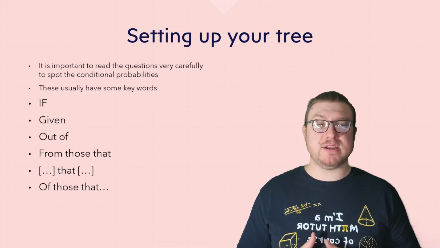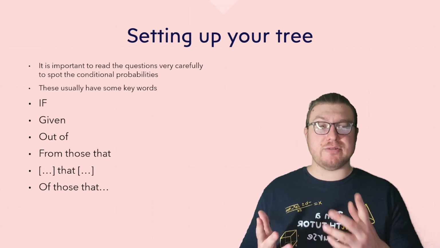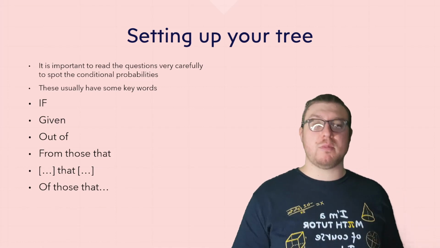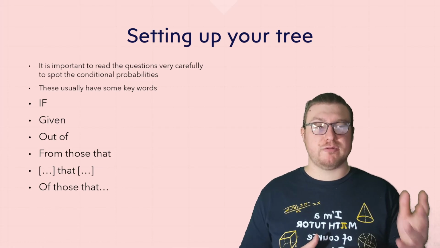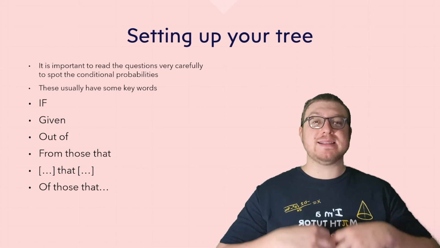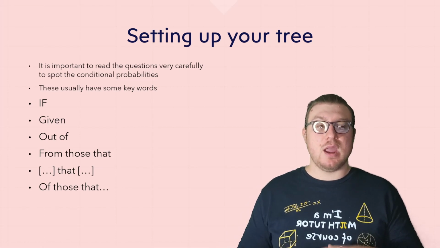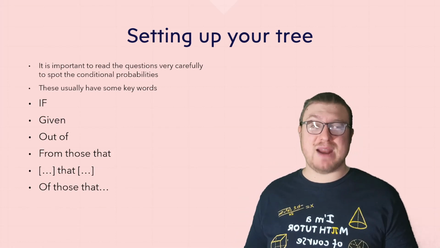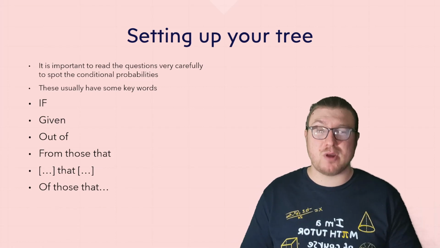Some of these keywords are going to be "if". If I have eaten breakfast, what is the probability of going out for coffee? That means I have already had breakfast. It's given information. Obviously, "given" is a pretty good giveaway. Given I had breakfast, what is the probability I'm going out?